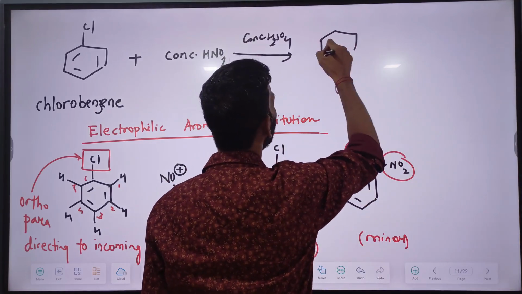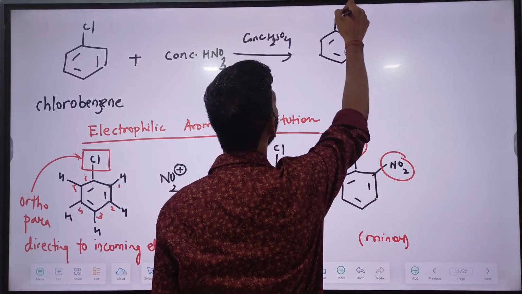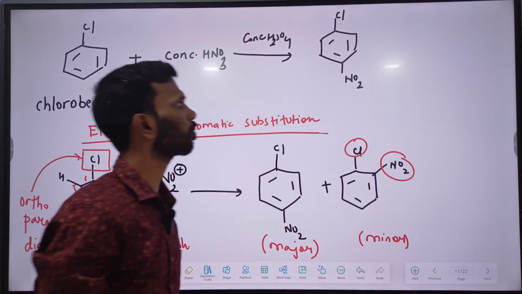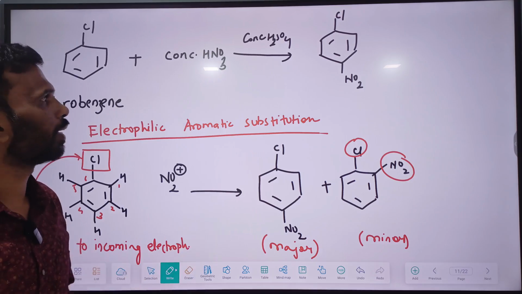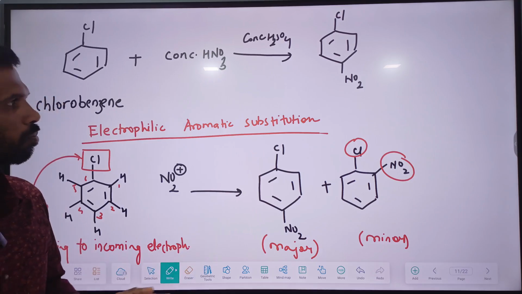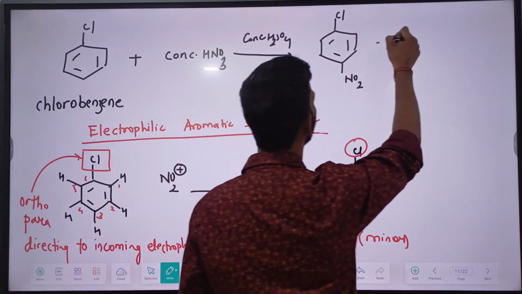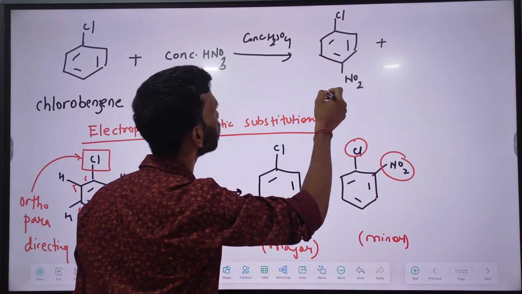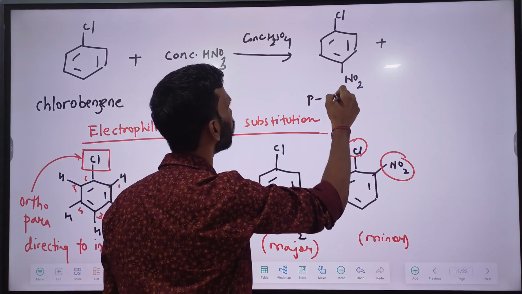Now, just writing the product is not important for the boards. For boards, writing the product is not enough. So what we can write is para.